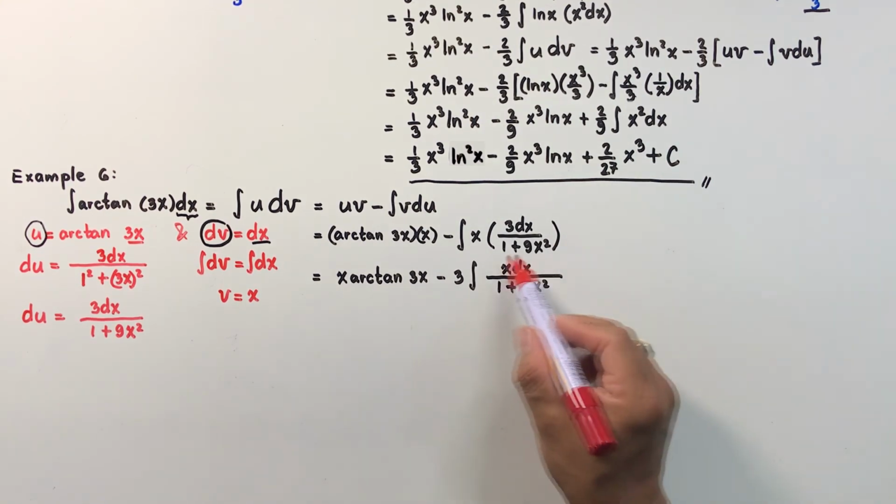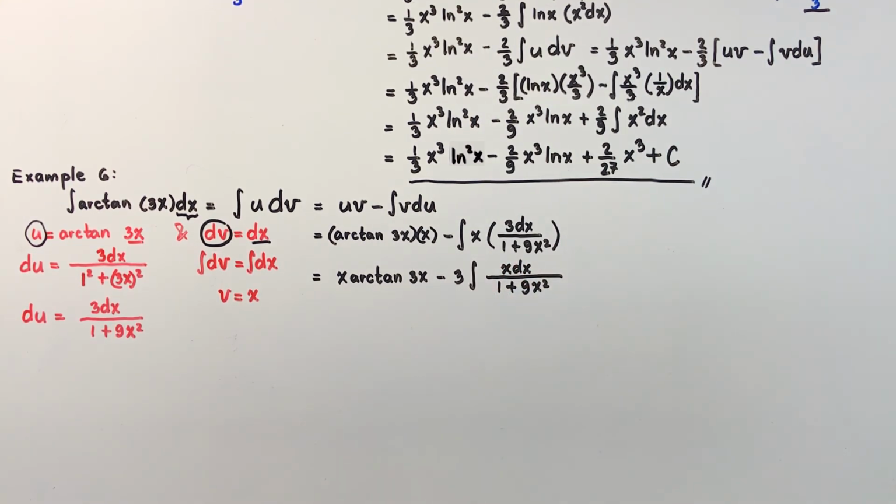And looking at this integrand, there's no need to apply another integration by parts, because we can solve this integrand using integration by u substitution, or in other words, integration by substitution.